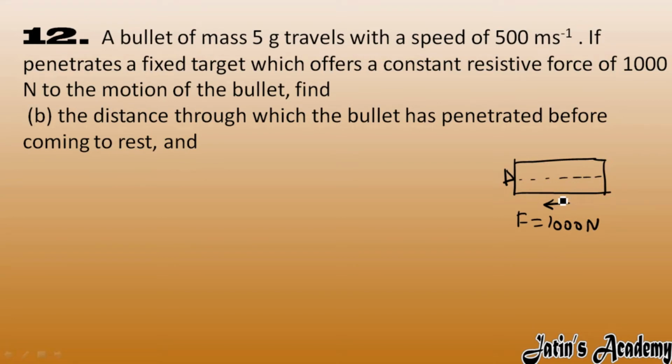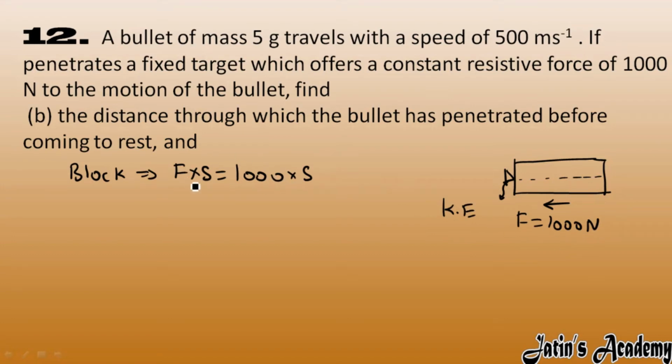How much is the decrease in energy? For the block, it is force into displacement. The resisting force we have is 1000 Newton, and displacement we have to calculate, meaning up to what distance this bullet will move. Very important point: its whole kinetic energy is reduced to zero by this block.